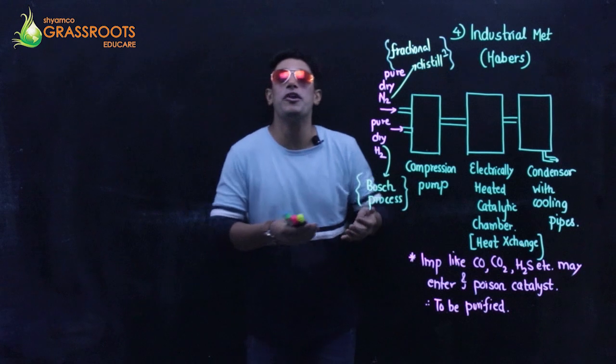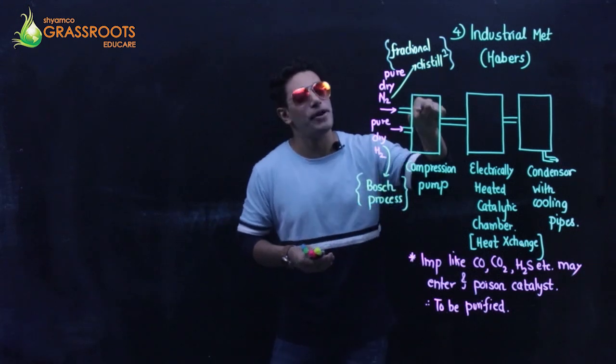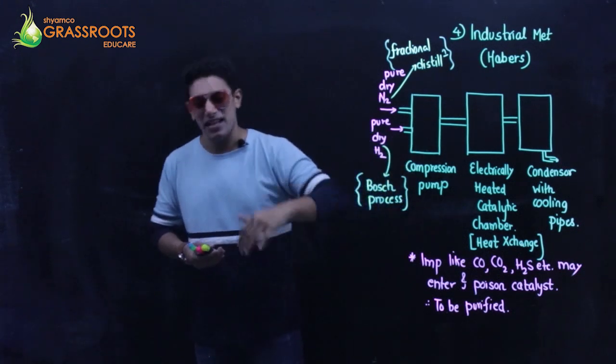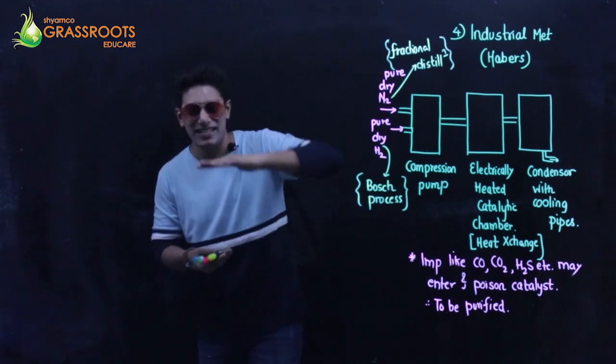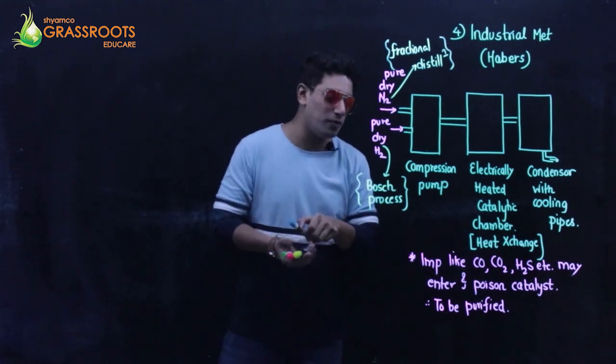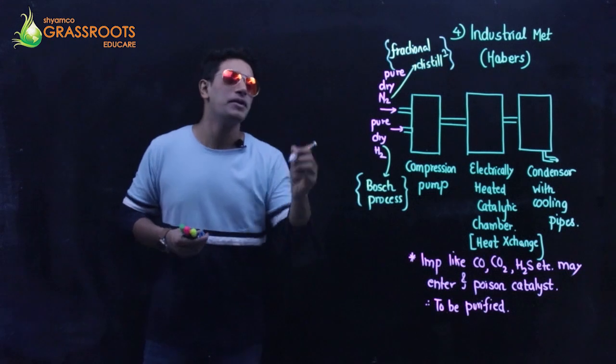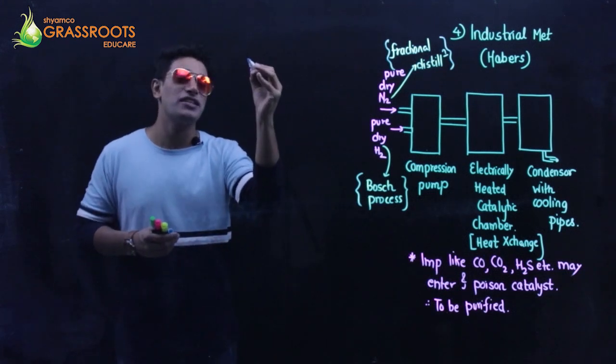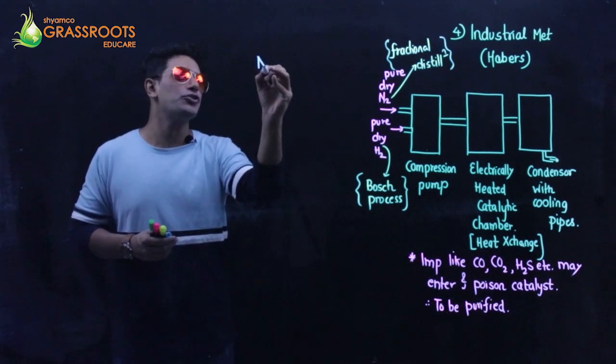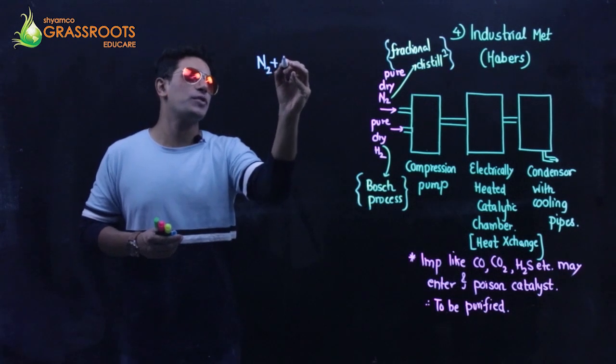So now they both combine together in a compression pump. Compress means pressure increases. Downward pressure. Come on, more pressure. So the reaction that takes place is as follows. Nitrogen reacts with hydrogen.